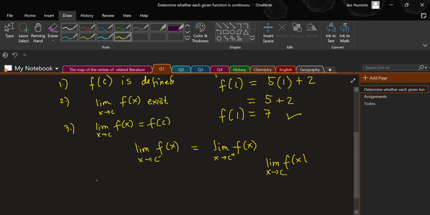Okay, let's have our function, which is f of x is equal to 5x plus 2.